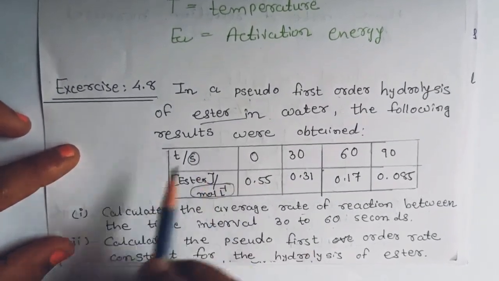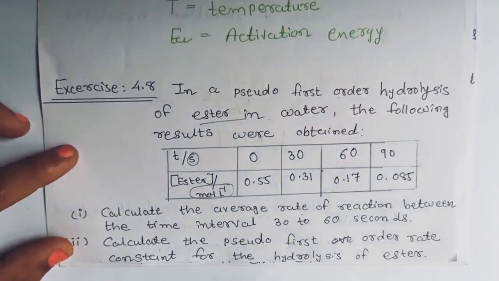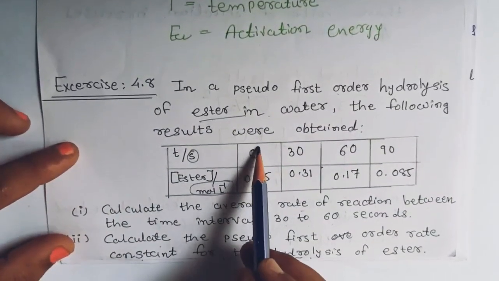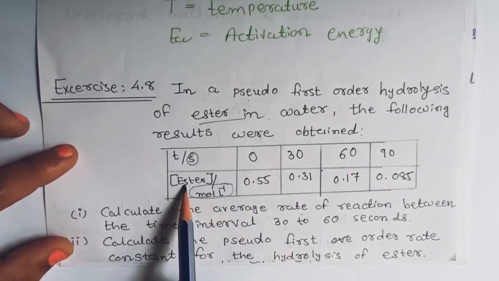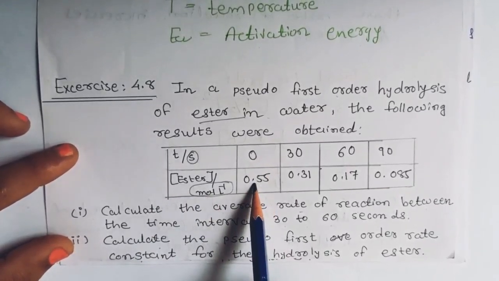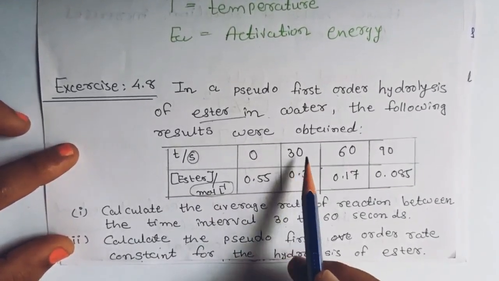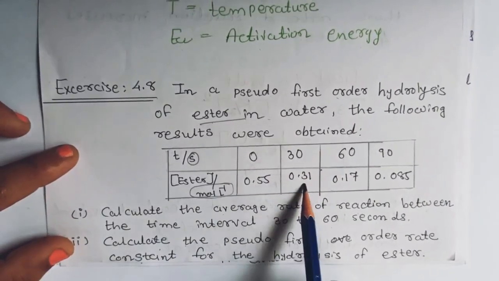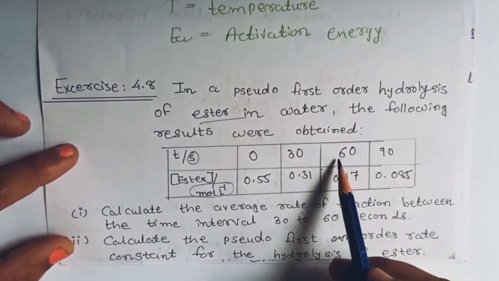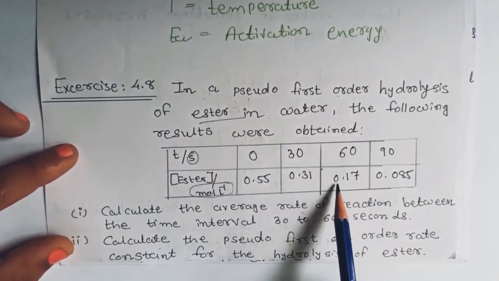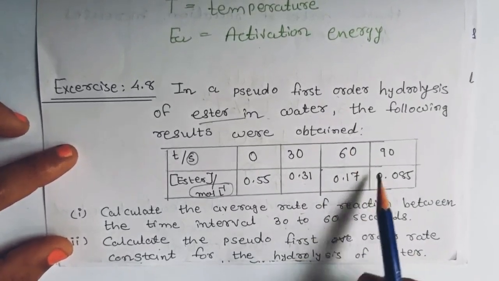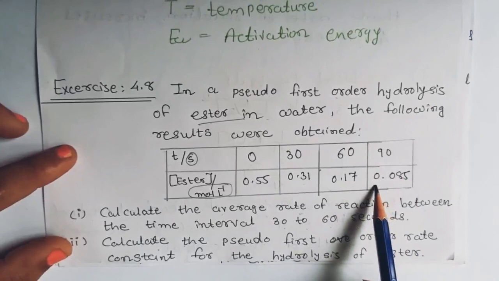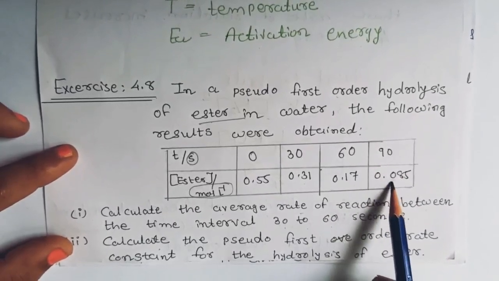For this reaction, at 0 seconds the initial concentration of ester is 0.55. After 30 seconds, the concentration of ester will be 0.31. After 60 seconds, it will decrease to 0.17, and after 90 seconds, the concentration of ester is 0.085.